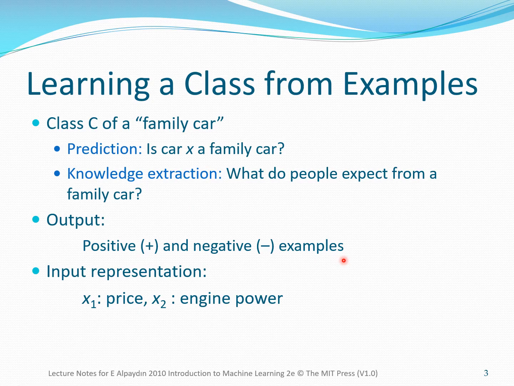Class learning is finding a description that is shared by all positive examples and none of the negative examples. Doing this, we can make a prediction given a car that we have not seen before. By checking with the description learned, we will be able to say whether it's a family car or not.